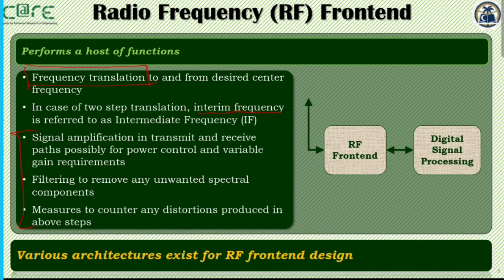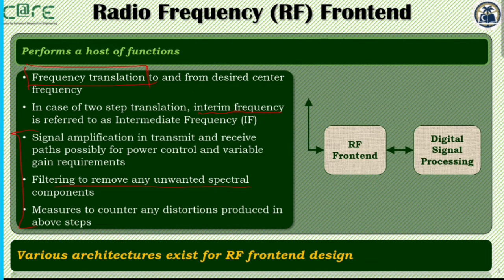Secondly, the RF front end also performs filtering to remove any unwanted spectral components from the signal. These spectral components might be there already as they are captured from the antennas, or might be generated as part of the RF front-end operations, as we are going to see.